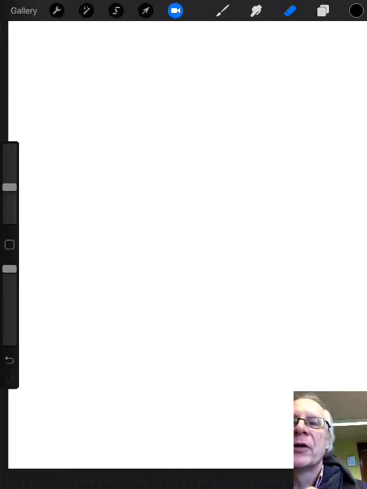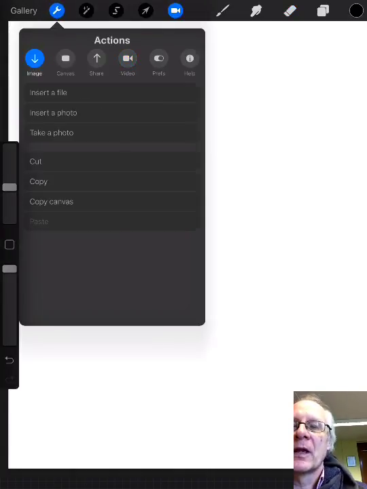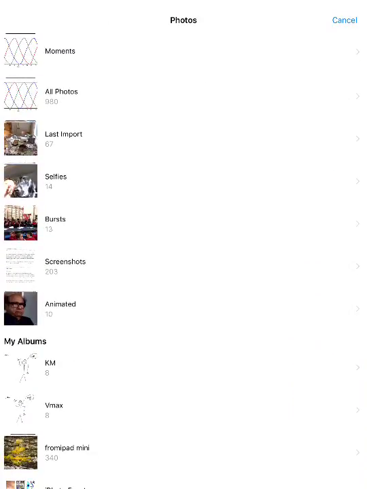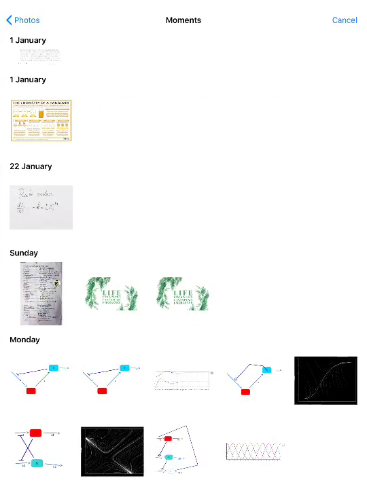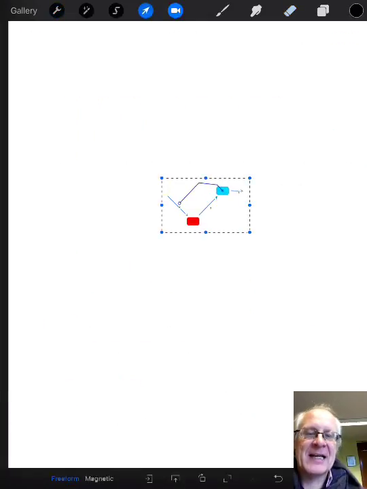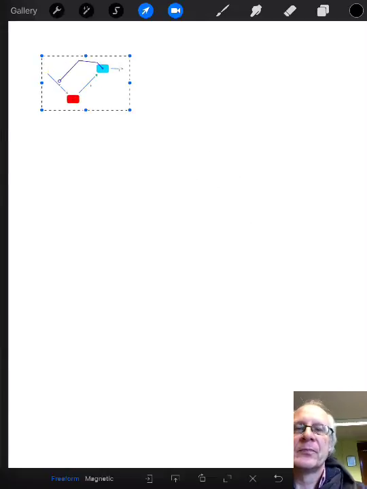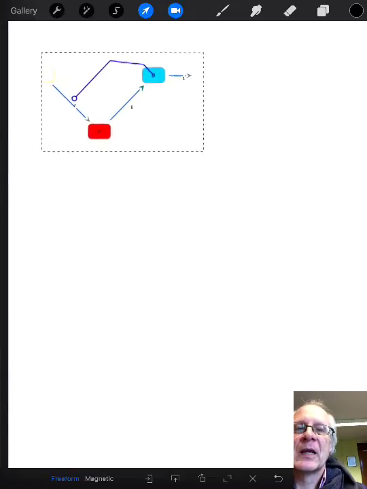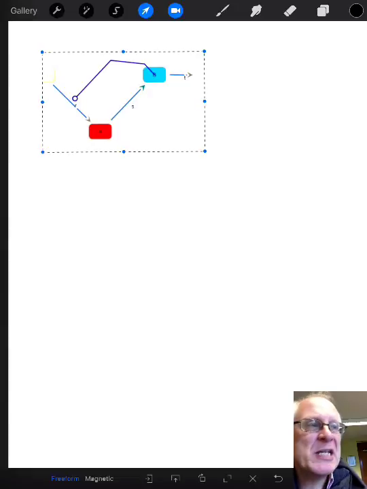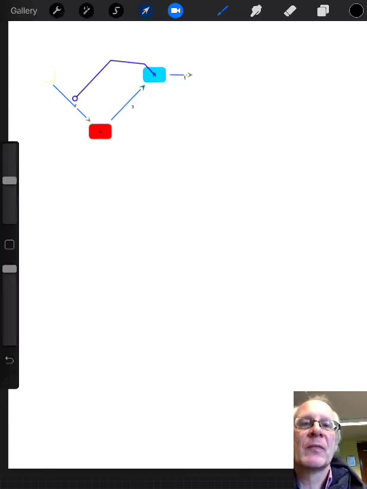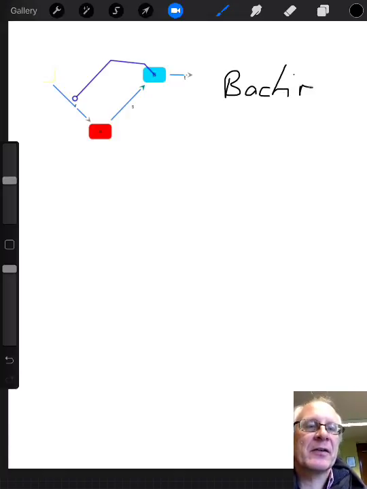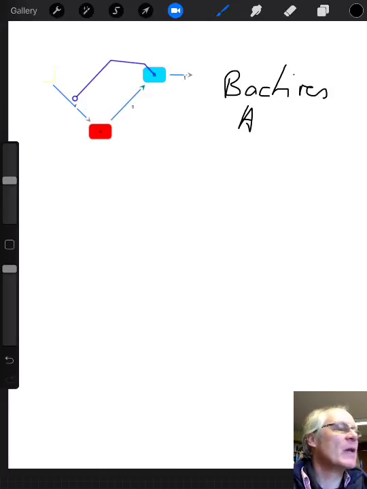What about if we have a case like that? Here we have a positive feedback loop, and B activates A. What happens in this case?